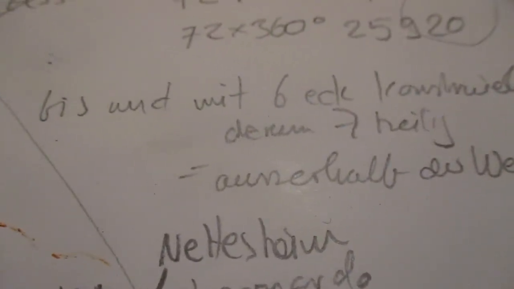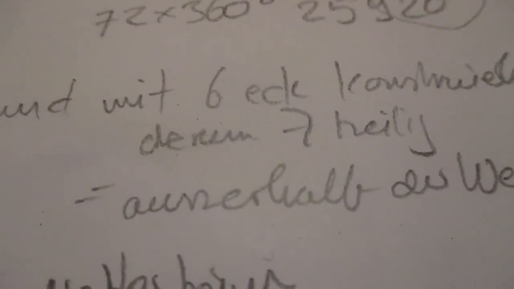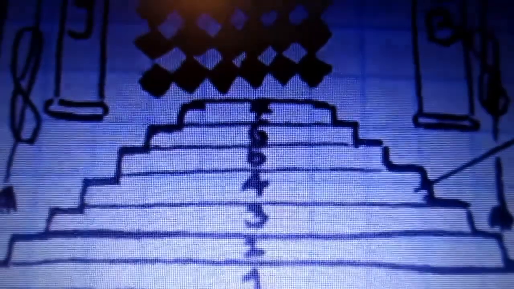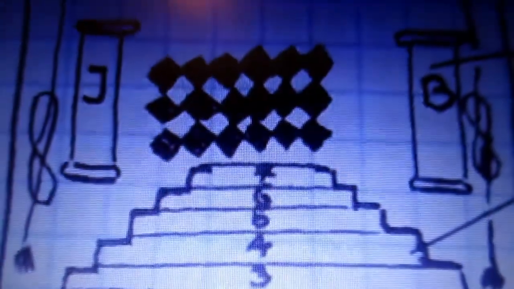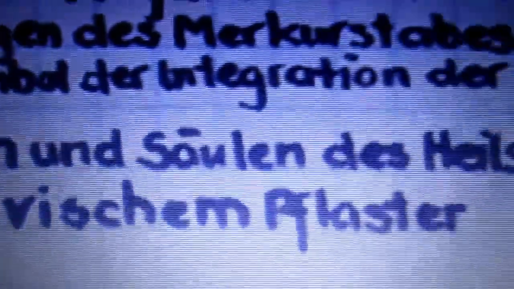From 7 on, it's not constructible in geometry. So from 7 on, the numbers are called holy. Going into a lodge, you go up 7 steps and then you end on the Mosaic pattern of that floor.